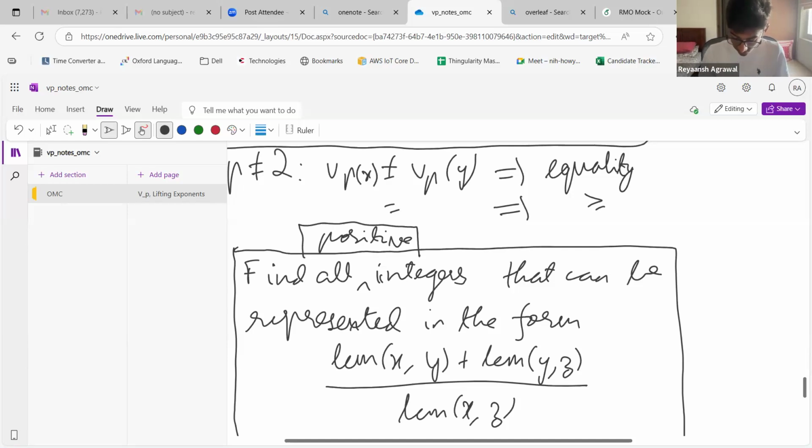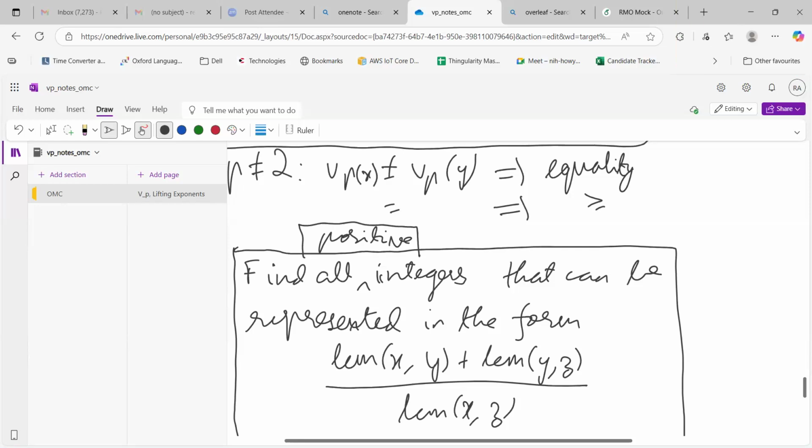So what happens if I plug in x equals z? Come on, just plug in x equals z and see what happens.